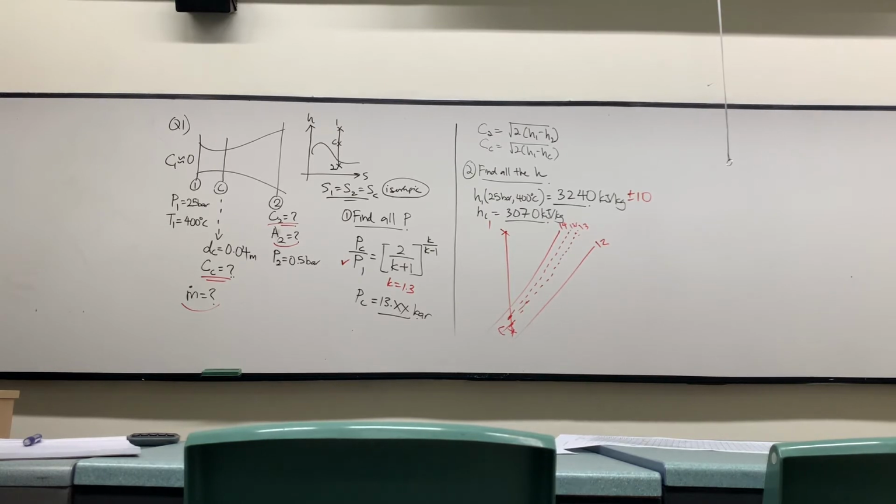Where do you get 3070? Until it touches the line, right? This line, 25. Go down until 25. For example, you take 13, go down, you touch until here. This line, right? You take down.